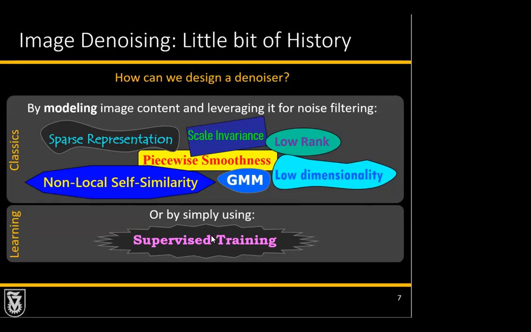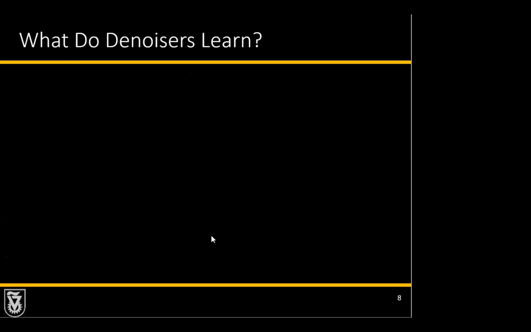And when I say training or learning, basically what do denoisers learn? When I take this neural network that I call a denoiser, and I teach it to denoise. So obviously they learn to denoise, right? They learn to separate noise from image content.